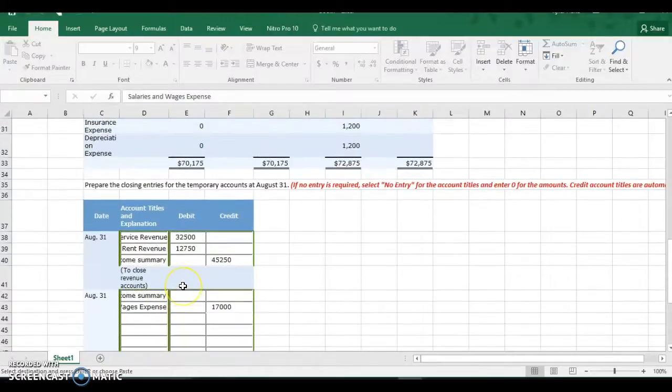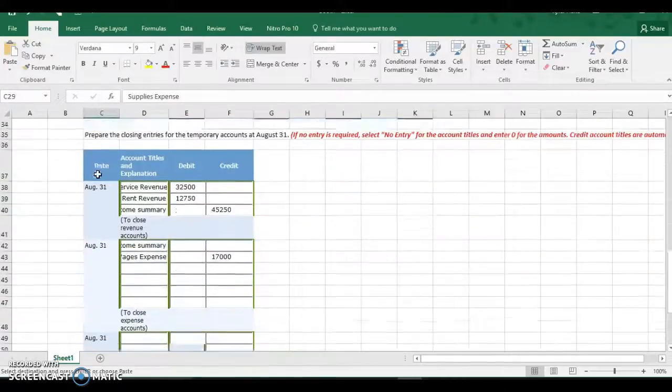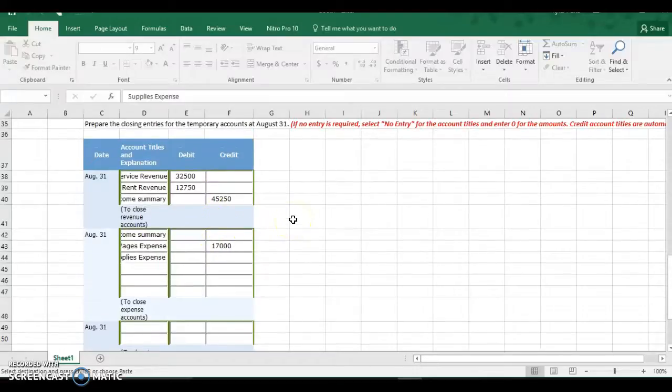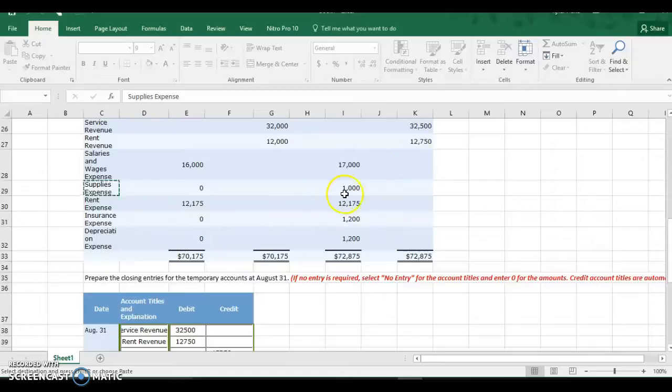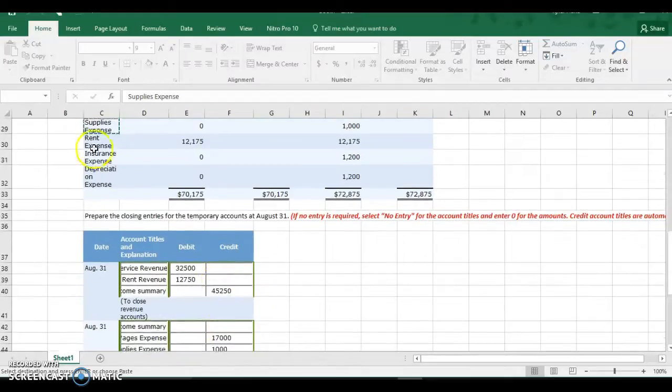Okay. Next, supplies expense. Go ahead and copy that. Paste it in there. You can't really see it, it cuts it off a little bit. I tried adjusting it, but it didn't work out too well. That one is going to be 1,000, so we're going to credit that 1,000. The next one is rent. Oh, I just messed that up. Let's undo that.